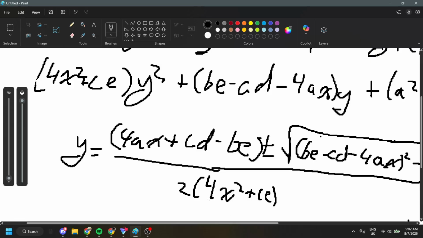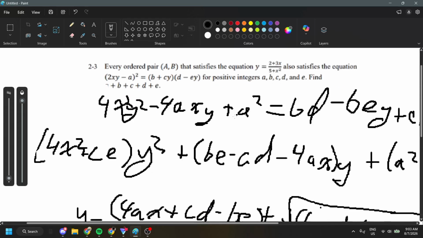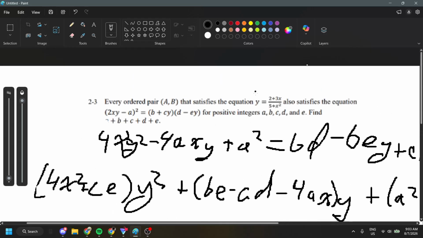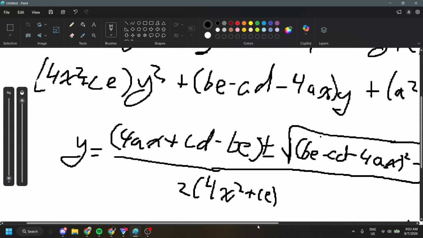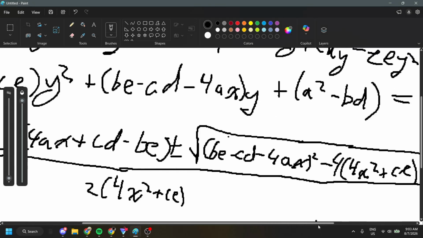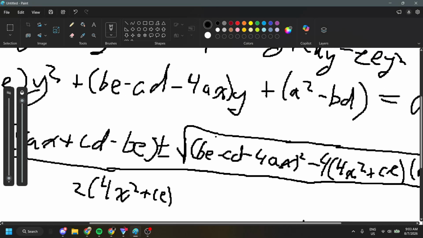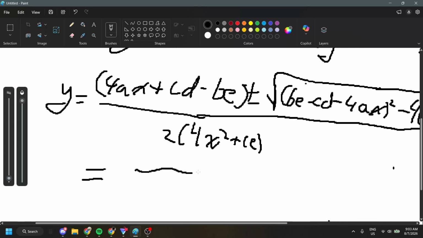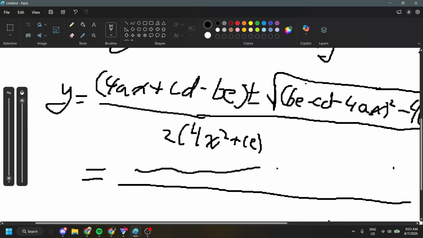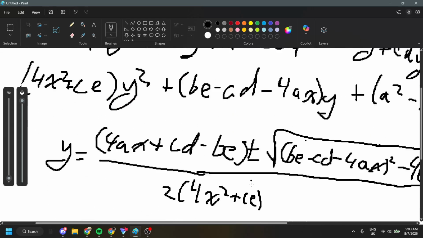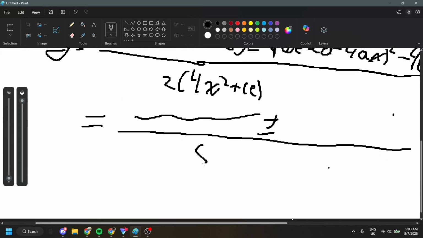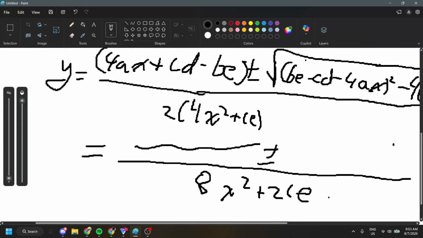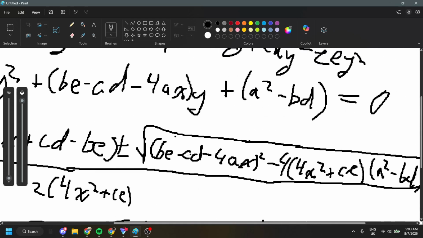Okay, so we see this kind of works because on the bottom we have an x squared. On the top we have the normal power of x, which is to the power of 1, and then this is x squared. So this kind of works. So now we just need to expand and figure this out. So it's the same thing there, plus or minus over 8x squared plus 2ce. Okay, this is going to be hard.